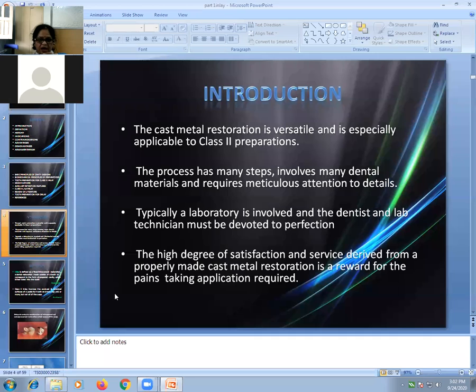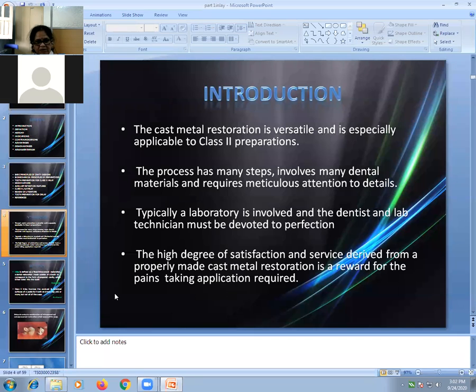Usually the cast metal restoration is mainly made for class 2 cavities. What is a class 2 cavity? The cavities on the proximal surfaces of the posterior teeth, where the occlusal forces are very high and the strength of the material is very important.